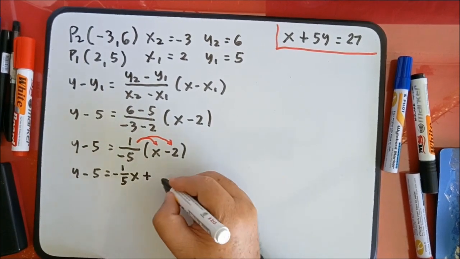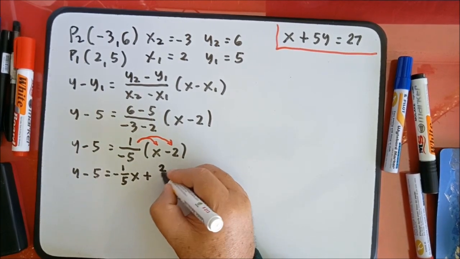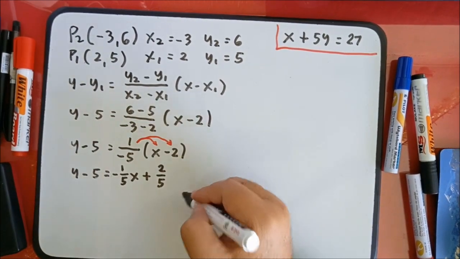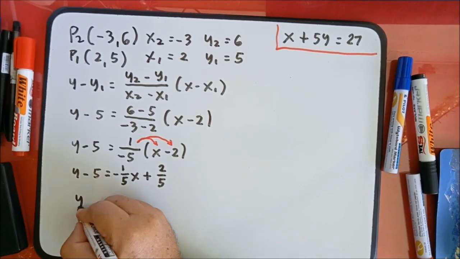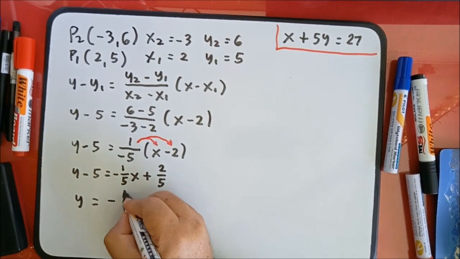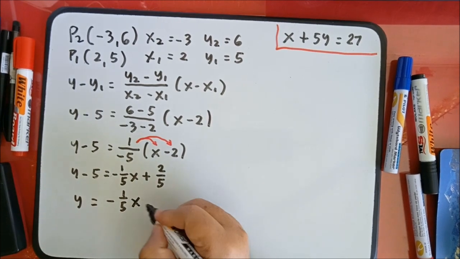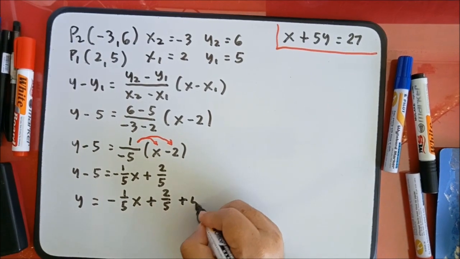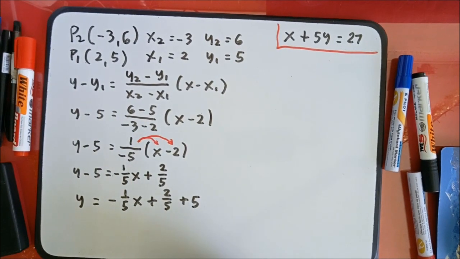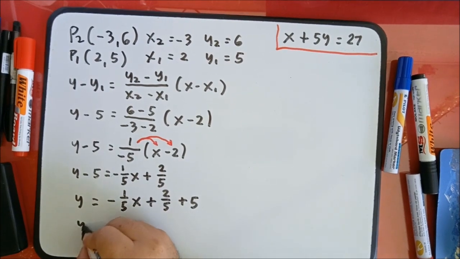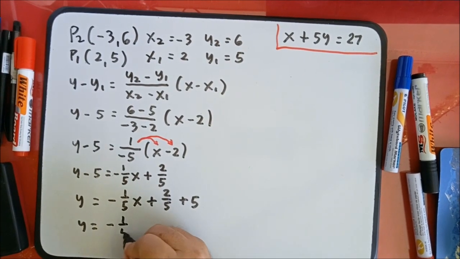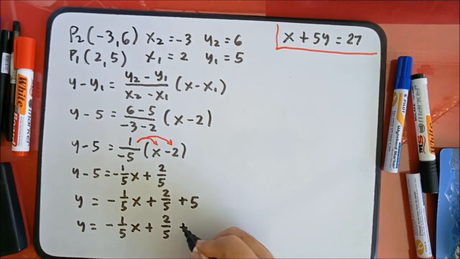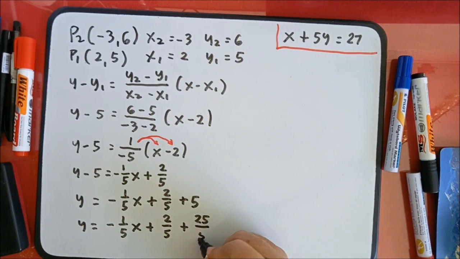Negative and negative will become positive 2/5. Transpose the negative 5 on the other side. This will become what? Y is equals to negative 1/5 x plus 2/5. This will become positive plus 5. Now, simplify. Y is equals to negative 1/5 x plus 2/5 plus 25 over 5.